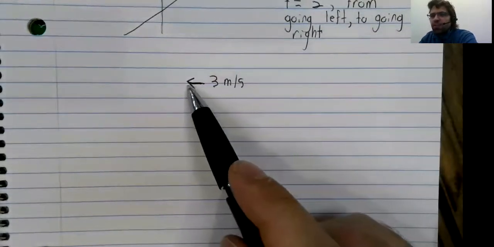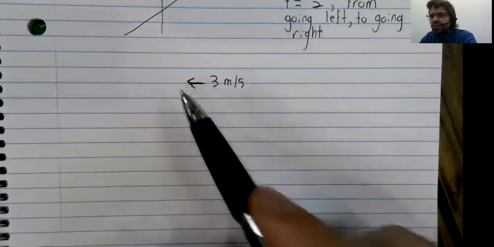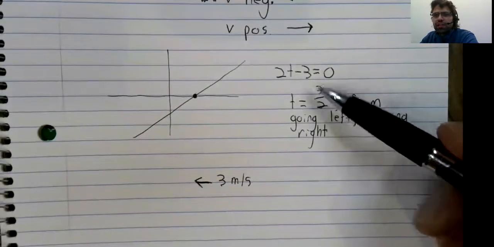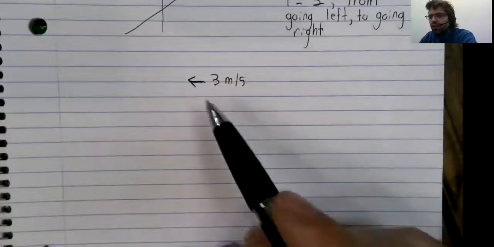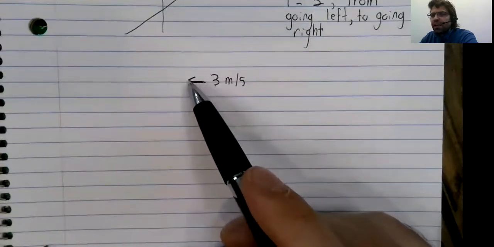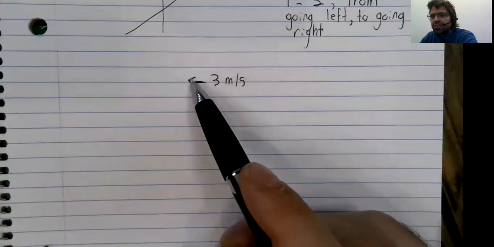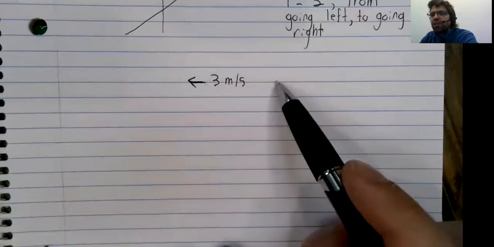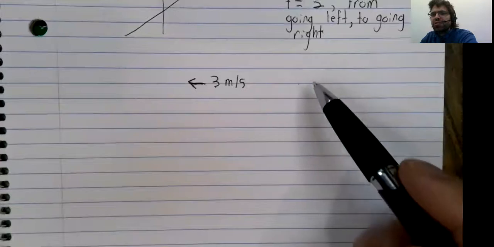It slows down as it moves to the left. At the moment where it changes direction, its velocity is 0. So as it moves to the left, it's slowing down, it comes to a standstill, then it starts moving to the right, going faster and faster and faster.